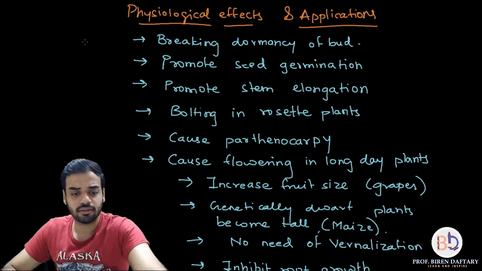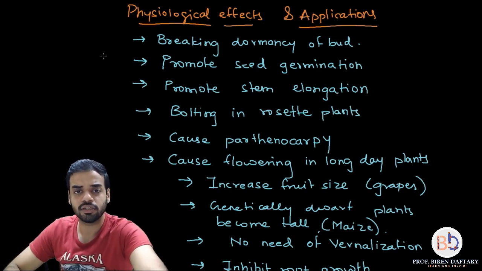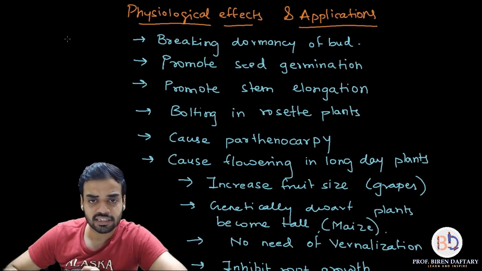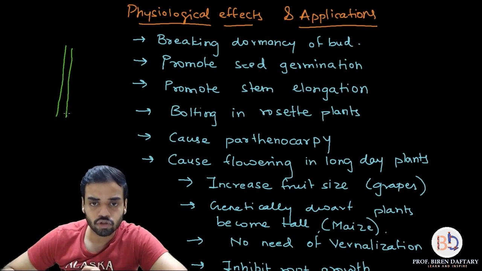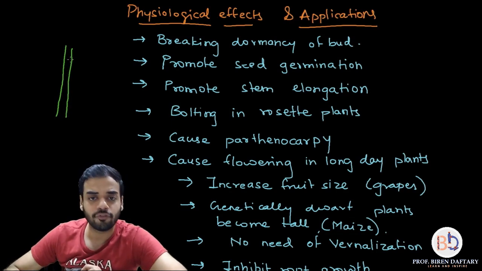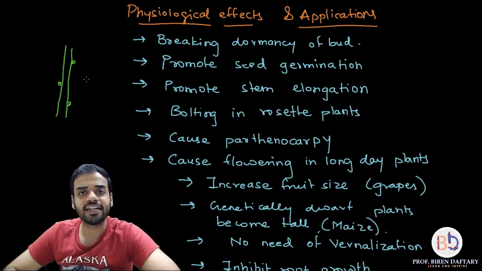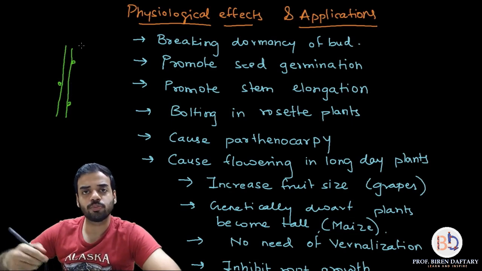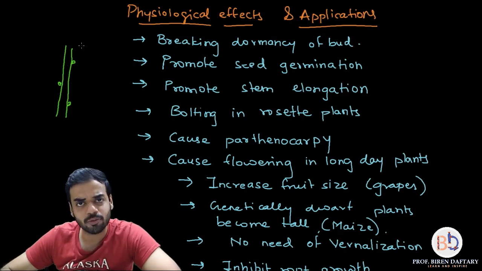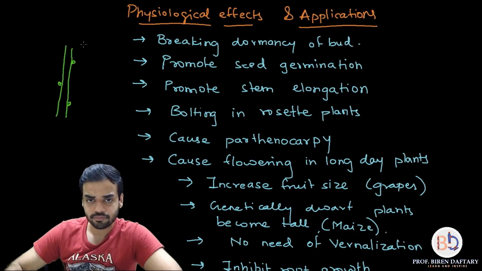So once again please pay attention over here. If suppose this is a stem that I draw, when the stem is newly formed, there are small outgrowths called buds, and later on these buds give rise to branches, they give rise to stem, or they give rise to leaves.